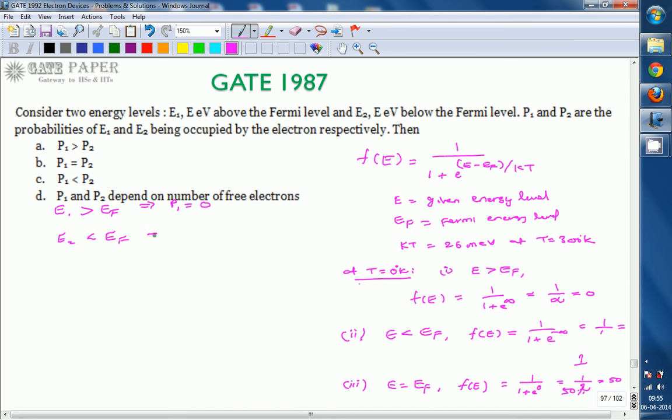Since E2 is less than EF, below the Fermi level, all such energy levels are occupied, so P2 is equal to 1. From this we can say that P1 is less than P2. This is the right answer. So the correct answer is C: P1 less than P2. Thank you.